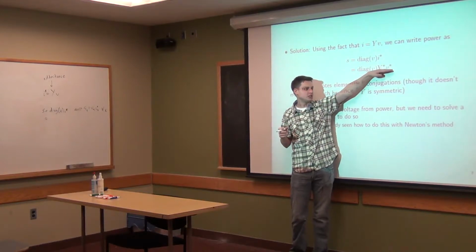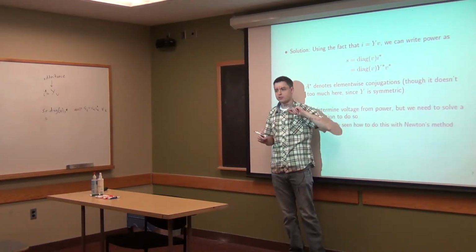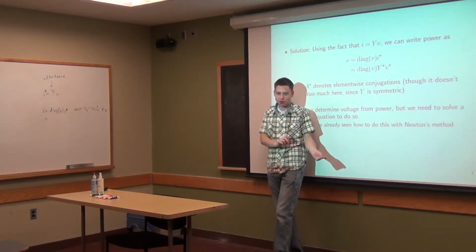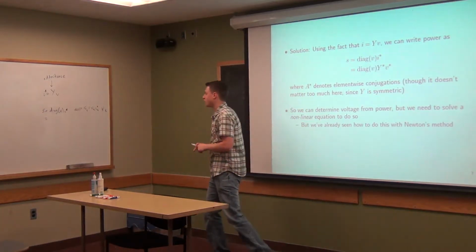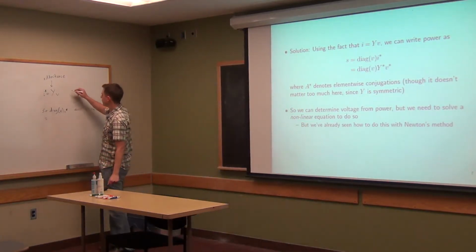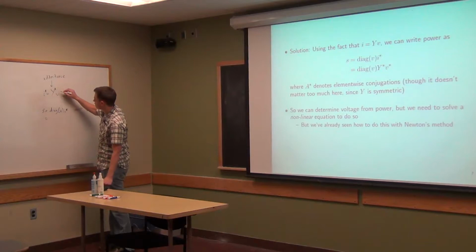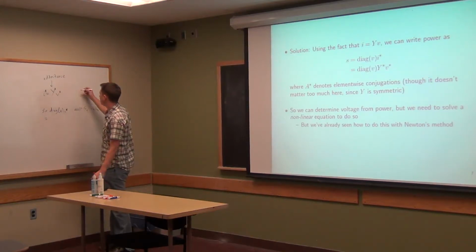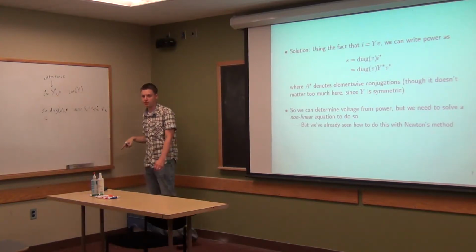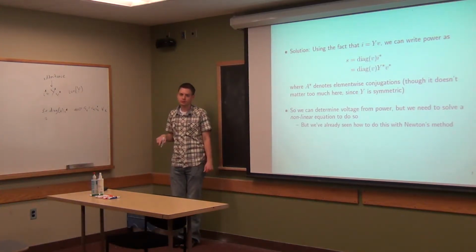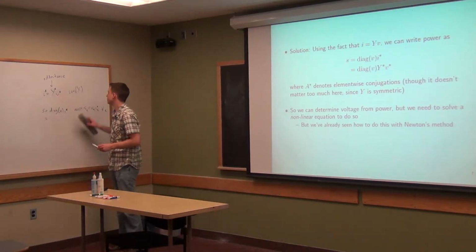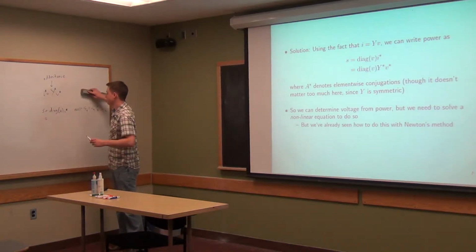I'm going to always use it in terms of element-wise conjugation, which is actually the less common one. The way to do that in MATLAB, if you have y conjugate here and v conjugate, would be, I think, conjugate of y. That takes the element-wise conjugation in MATLAB. But that's just a note for when you're implementing your stuff.